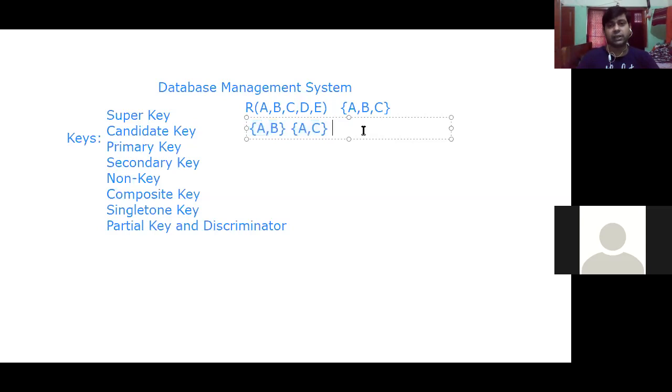If only A, only B, only C are not eligible to uniquely identify a tuple, then they will not be called candidate key. But in this example, AB or AC, both of them are eligible to uniquely identify a tuple.